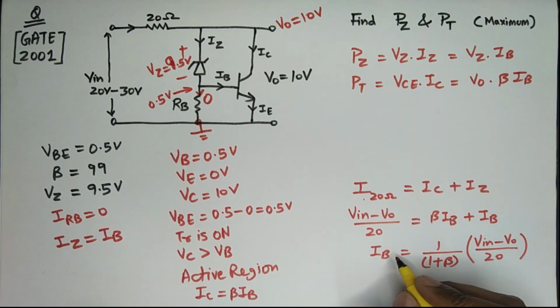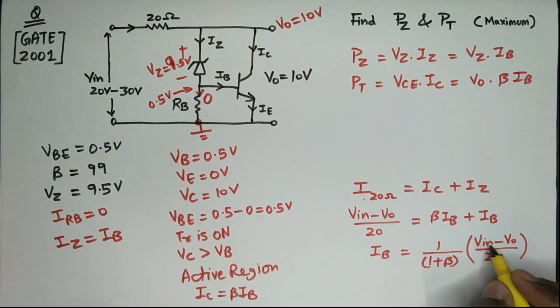Now we want to maximize the power dissipation through the transistor and Zener diode, and for that we have to maximize the current IB. To maximize IB, we have to maximize Vin, which is equal to 30 volt, and V0 is at 10 volt.